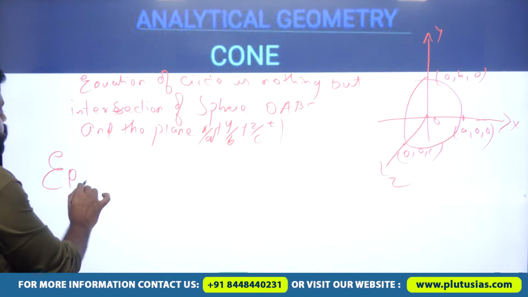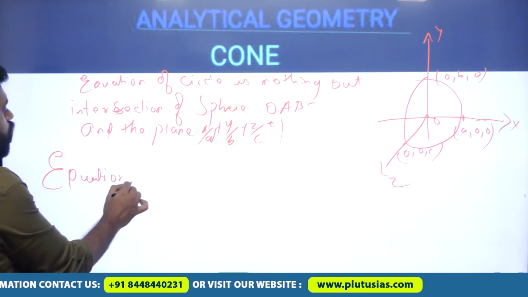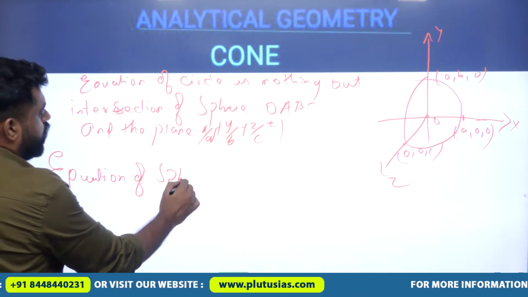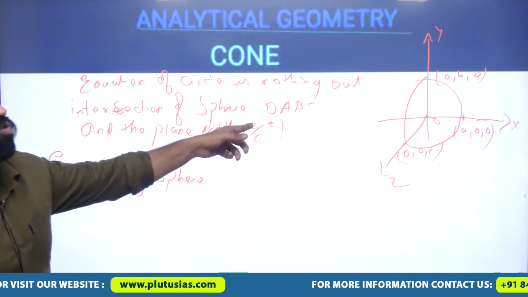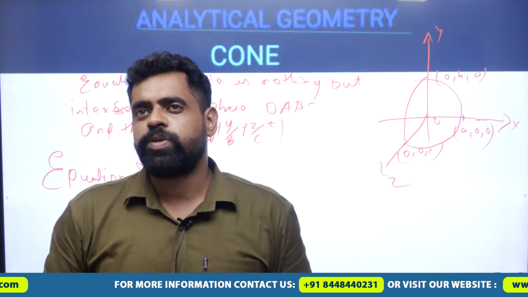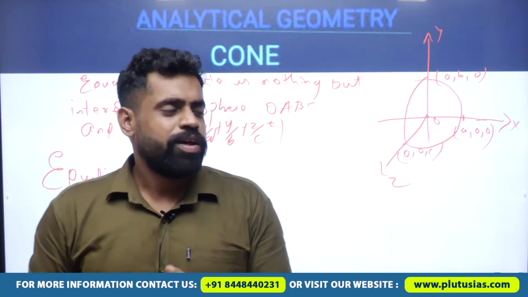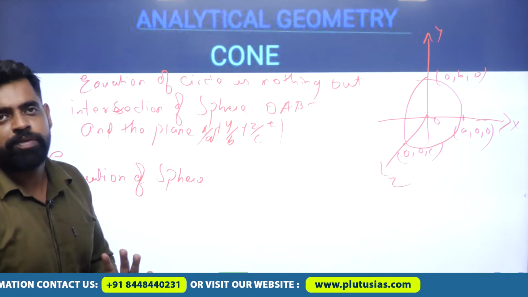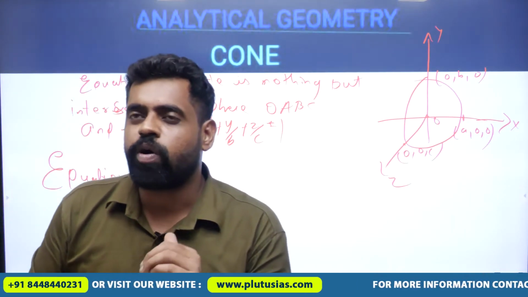Equation of the sphere: we know that it passes through 4 points, A(a,0,0), B(0,b,0), C(0,0,c) and O(0,0,0). So you can easily calculate the equation of the sphere. I have taught you in the topic sphere also.